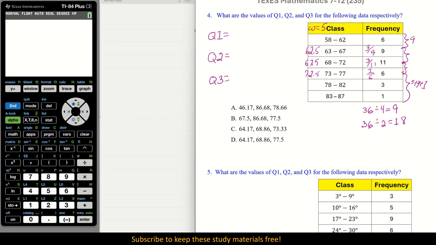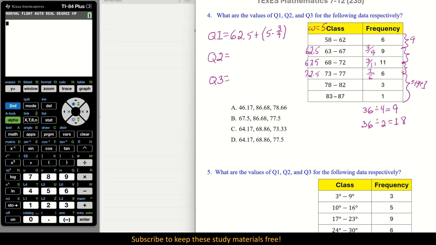Okay, so let's put this together to make 3 equations to solve this. We start with the lower limit, which would be our L, 62.5 plus the width, 5 times 3 out of 9. I don't bother simplifying because we're just going to put that in our calculator.